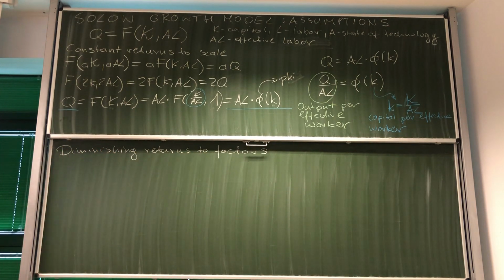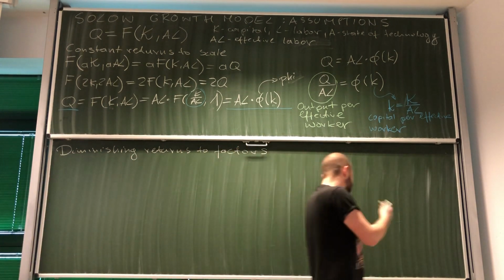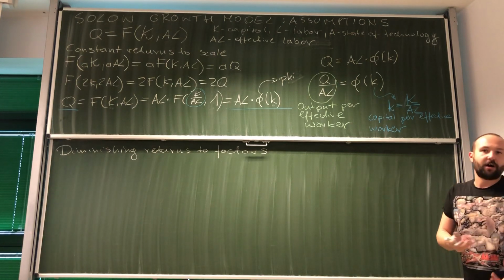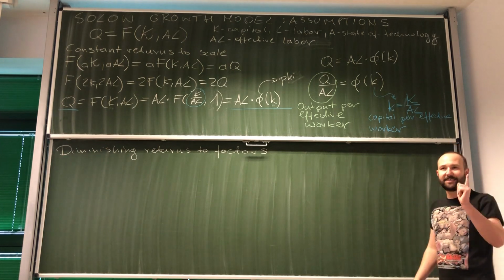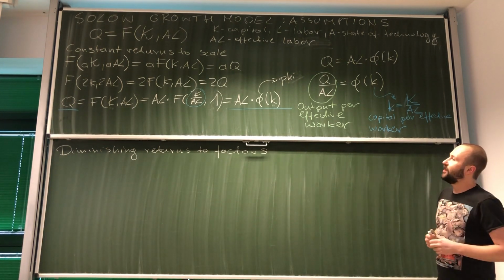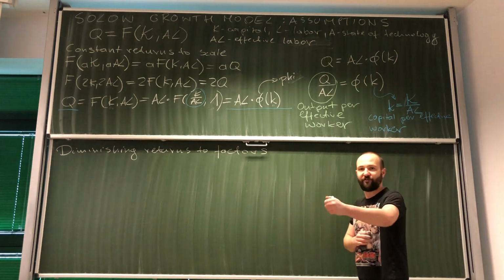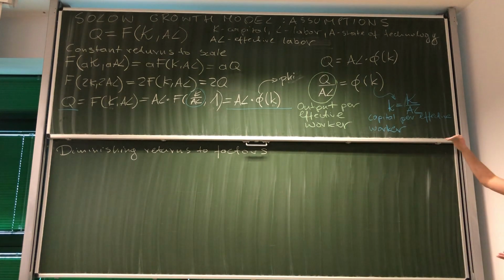Okay, so what does this assumption imply? Look, when we were discussing diminishing returns in microeconomics class, we said that having at least one factor of production constant, we expect that the level of production when we increase another factor of production increases, but increases slower and slower and slower.